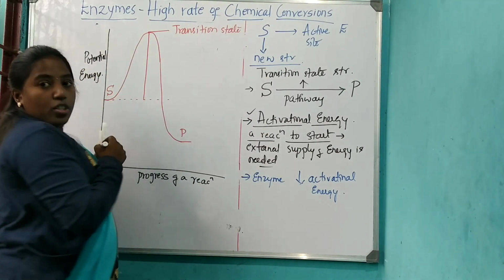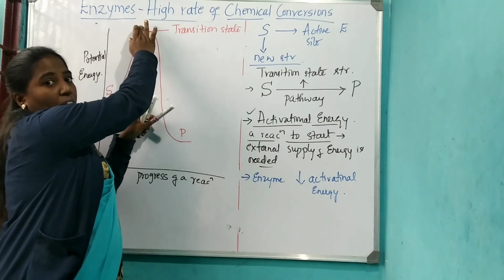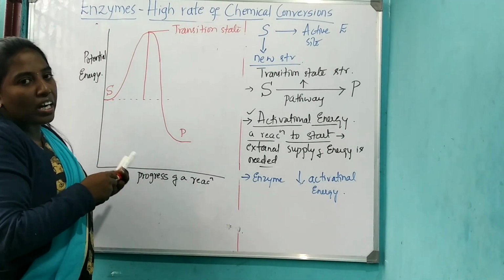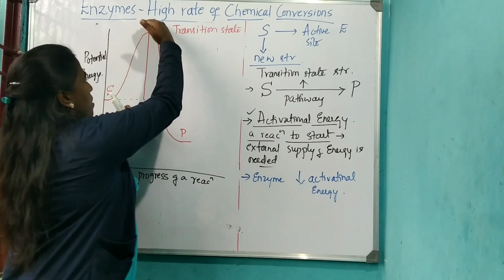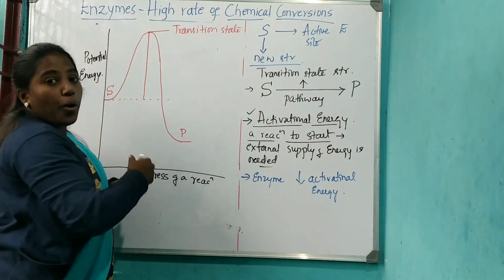Okay. And here you can see this is the activational energy required for the initiation, for the activation of a reaction. So this is the external supply of energy which we require for conversion of a substrate into a product.